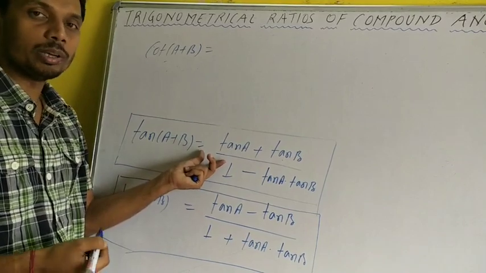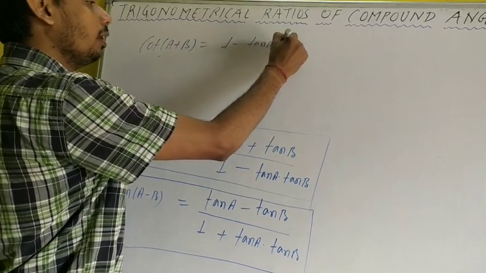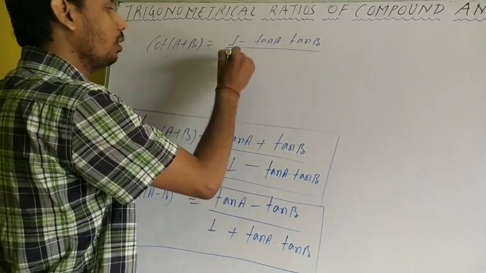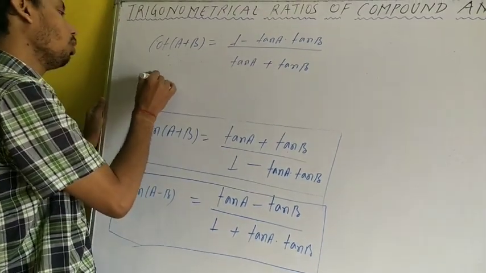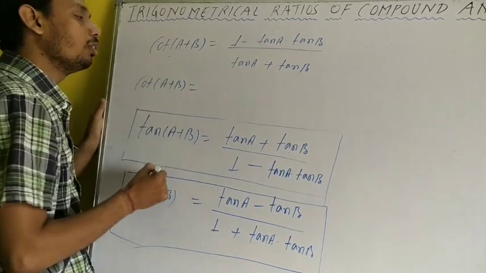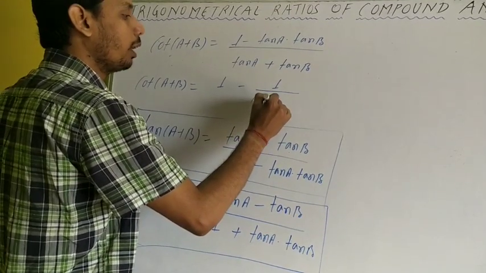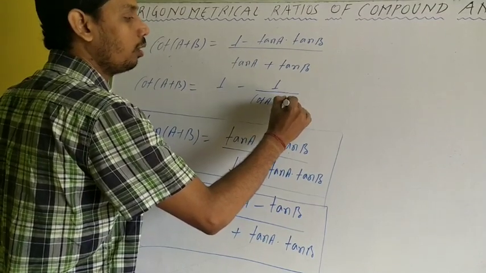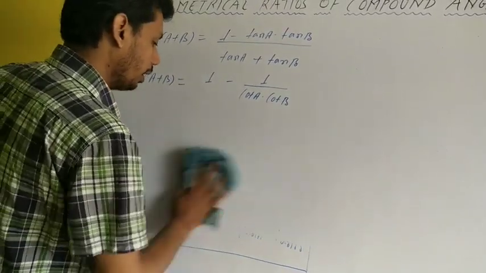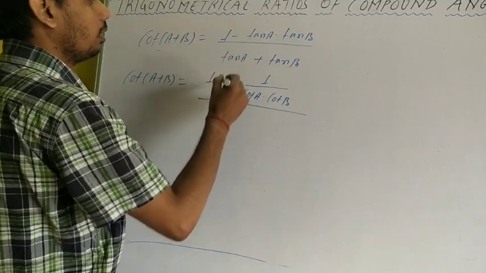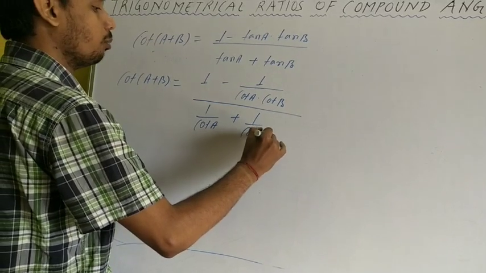If tan theta is this, then obviously cot theta will be equal to the reciprocal of this. That is (1 minus tan a into tan b) upon (tan a plus tan b). So cot(a plus b) is equal to 1 minus 1 by this, tan a can be written as 1 by cot a, this tan b can be written as 1 by cot b, by whole divided by here 1 by cot a plus 1 by cot b.